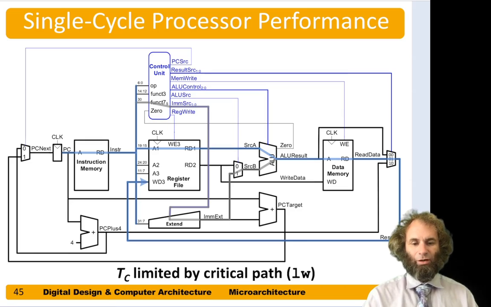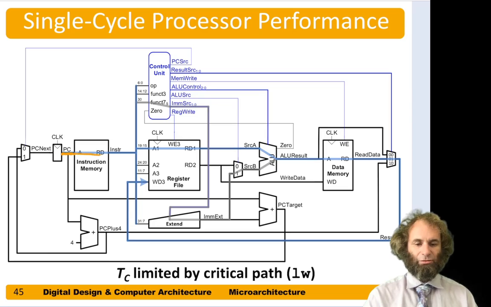We're looking for the longest path, so the hardest thing, and the load word instruction seemed like the hardest thing because it uses the most different parts of the system. It uses the register file, the ALU, the data memory, and then writing back to the register file, as well as fetching an instruction. So the cycle starts when the program counter comes out of the PC register.